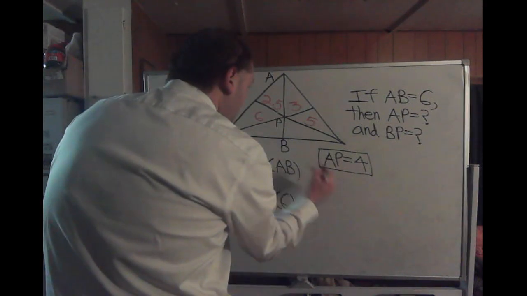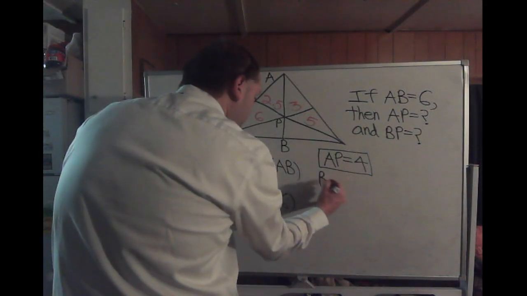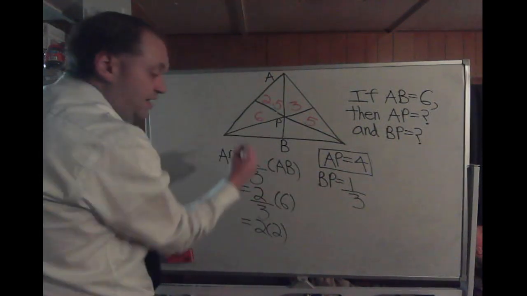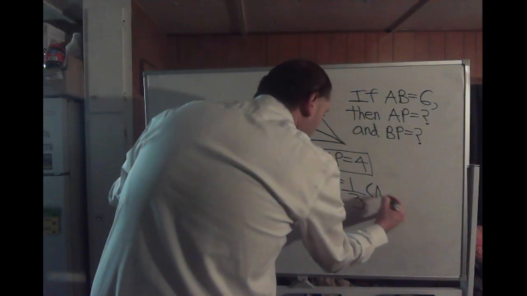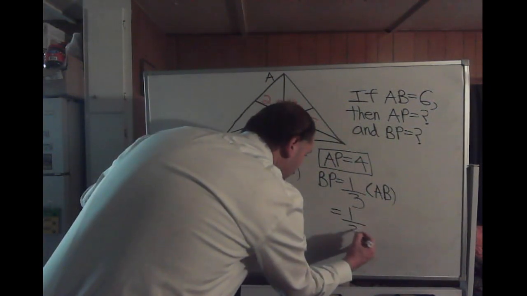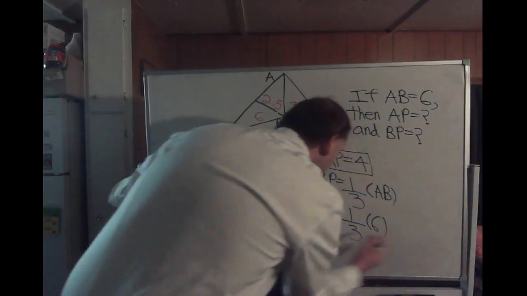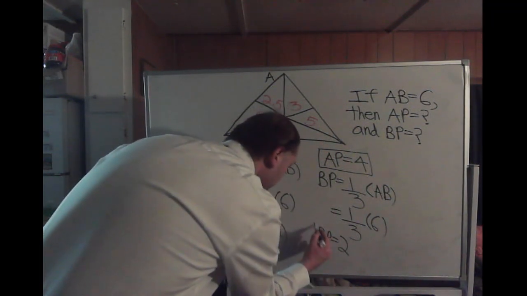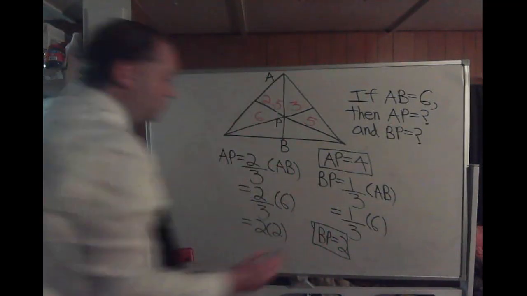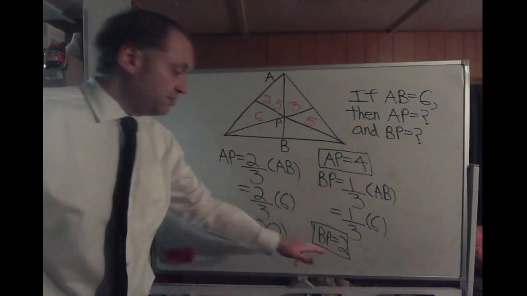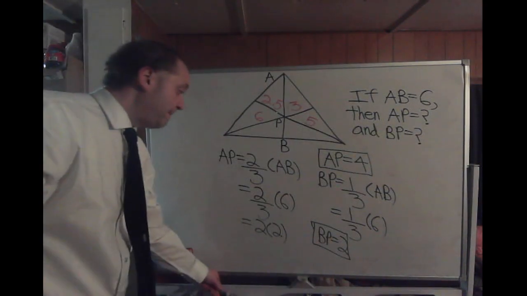And then the length of BP is equal to 1/3 of AB, which is 1/3 of 6, so BP has a length of 2. So AP in this case has a length of 4, BP has a length of 2.